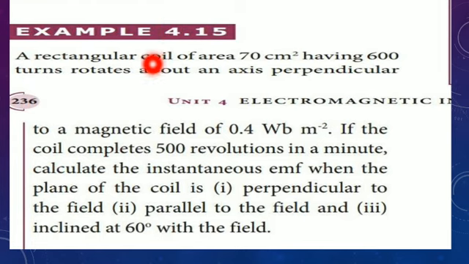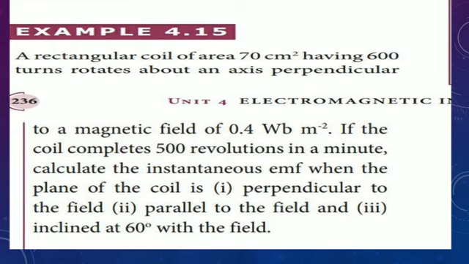A rectangular coil of area 70 centimeters square having 600 turns rotates about an axis perpendicular to the magnetic field B, 0.4 Weber meter power minus 2.